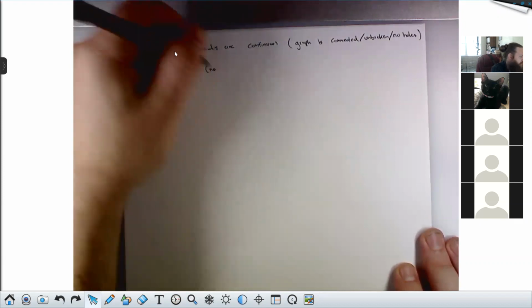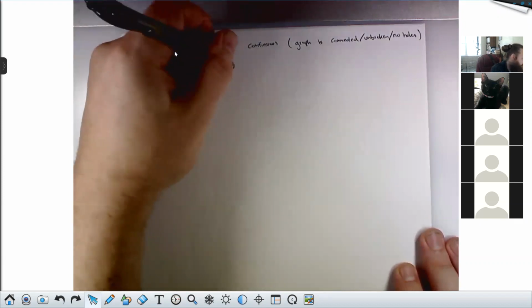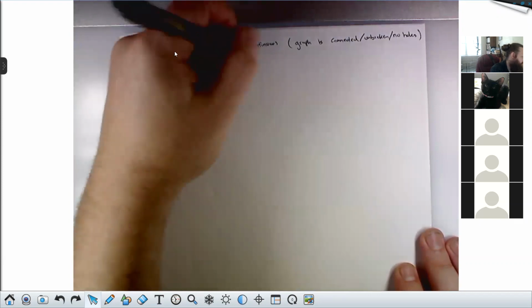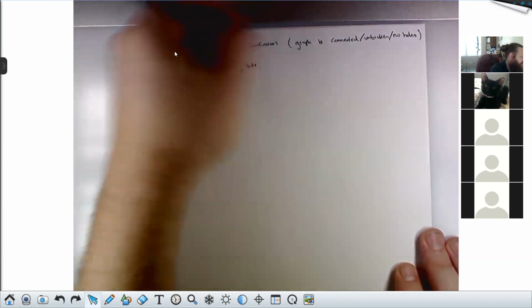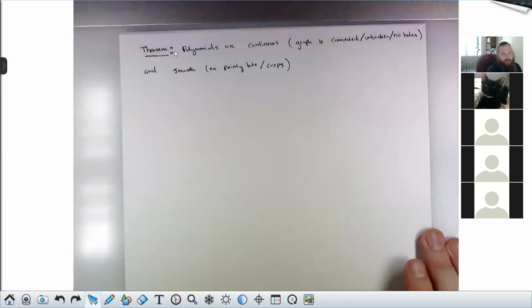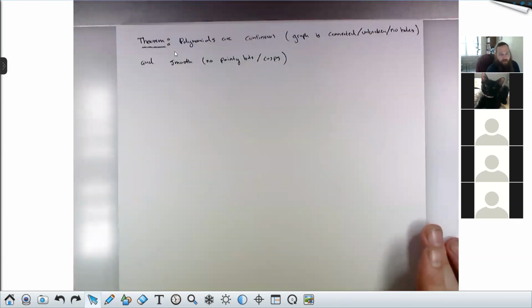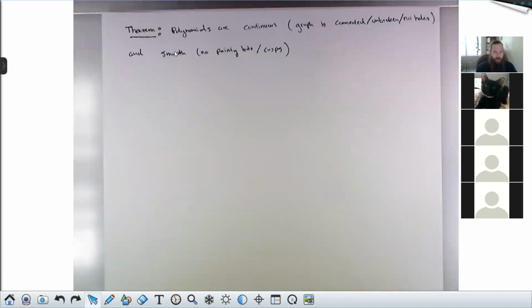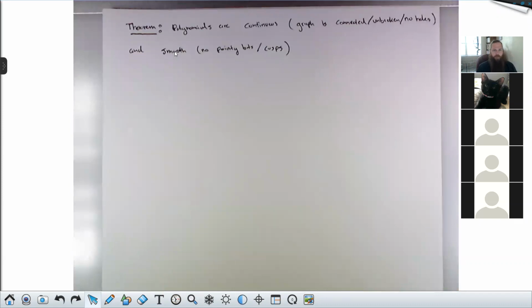They have no points, no pointy bits. Sometimes those are called the cusps. So continuous and smooth, or continuous and infinitely differentiable, if you like the highbrow language. This puts a pretty serious restriction on what polynomials can and cannot do.